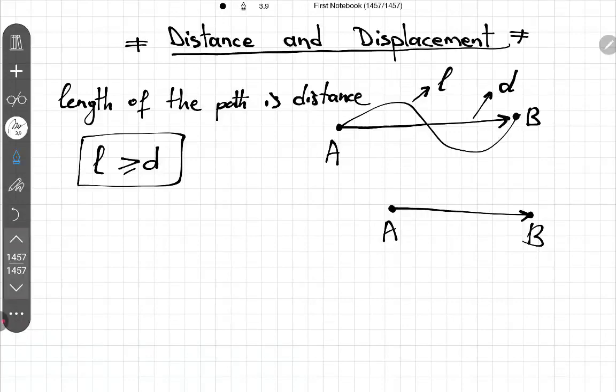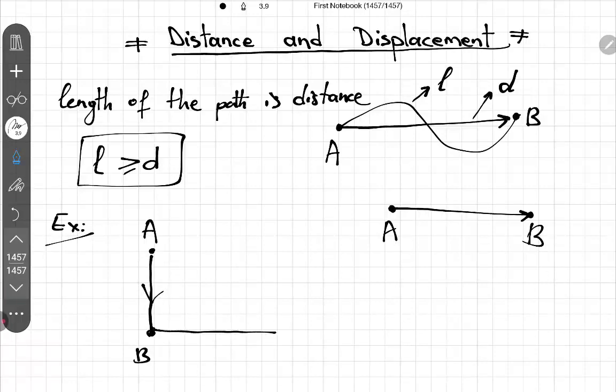In order to understand the essence of the displacement and the distance, let's try to write down an example. Let's say that a car moves from the point A to B, from B to C, and from C to D. And let's give the values.